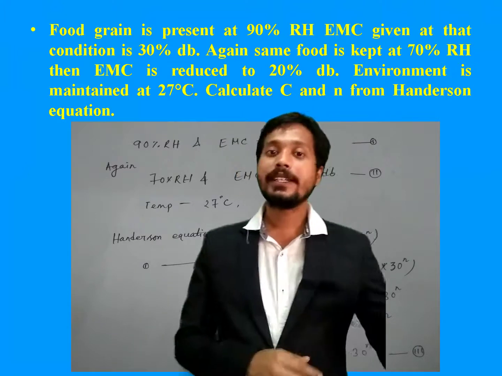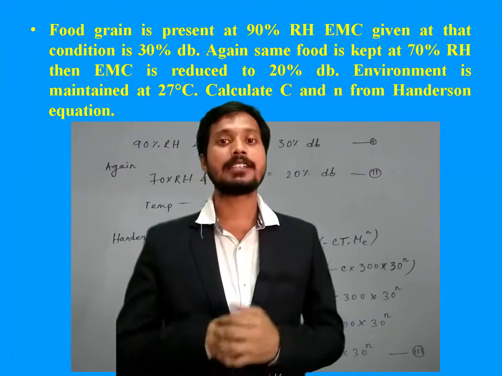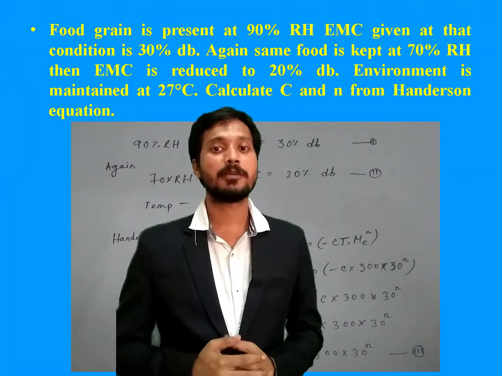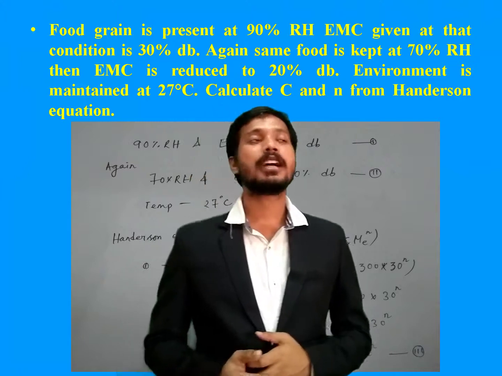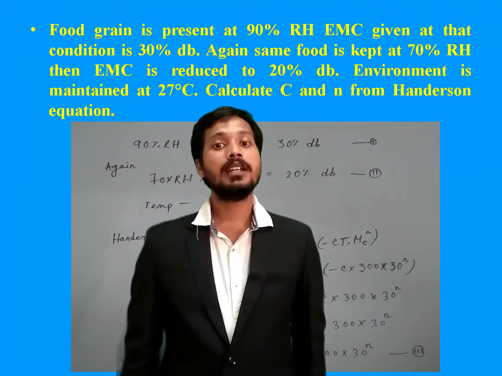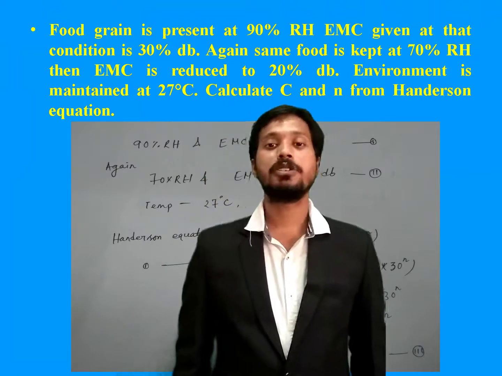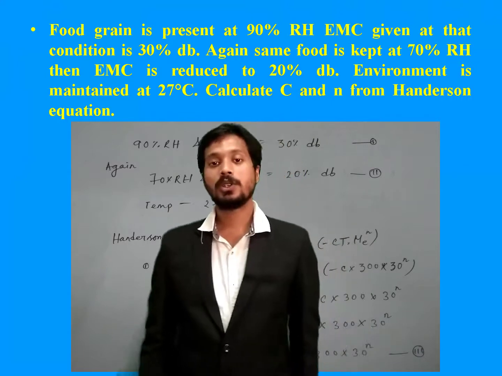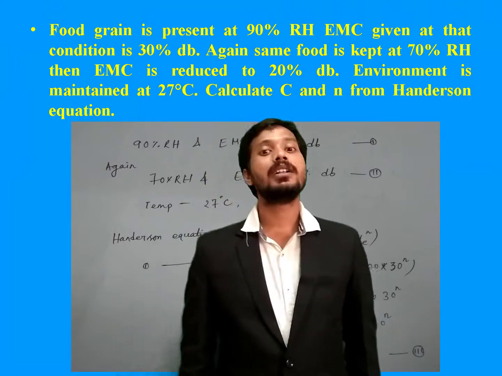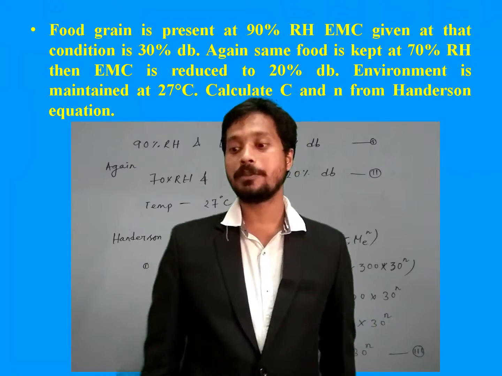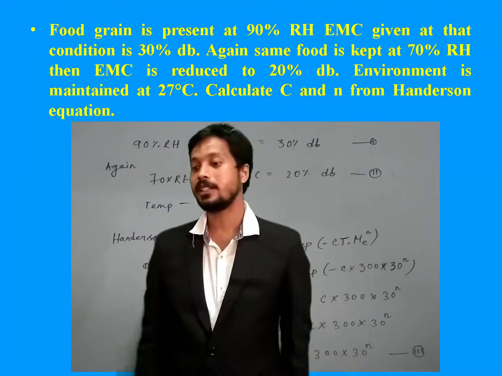If you reduce the relative humidity, that means the air is having less vapor pressure. If the air is having less vapor pressure, that means the food will lose moisture. So certainly the EMC value will be reducing. So EMC value is now reduced to 20% dB.